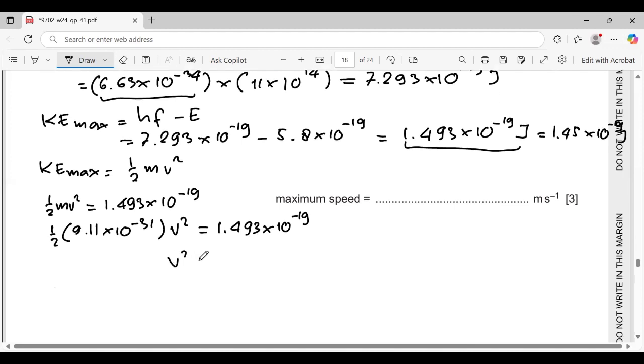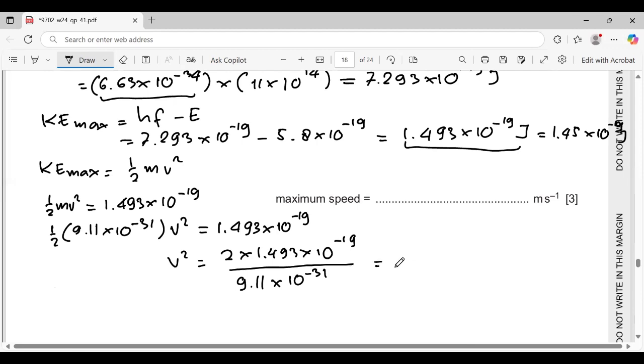So v squared equals 2 times 1.493 times 10 to the power minus 19 over the mass, 9.11 times 10 to the power minus 31.